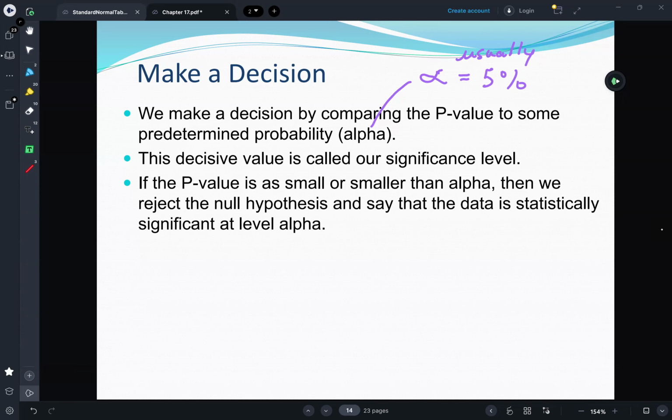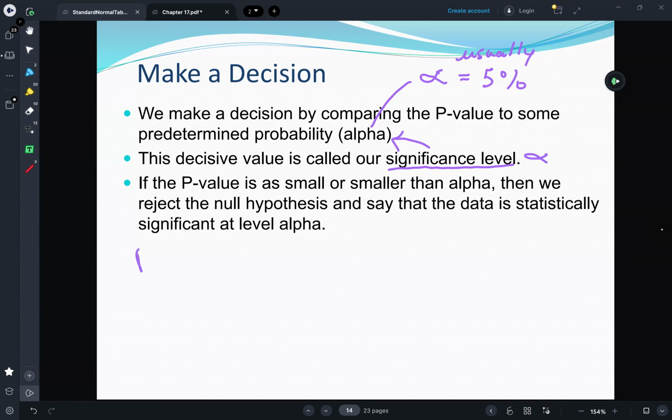That's called our level of significance, alpha. It's a Greek letter, A. And if the p-value is as small or smaller than alpha, then we reject the null hypothesis and say that the data is statistically significant at the alpha level.